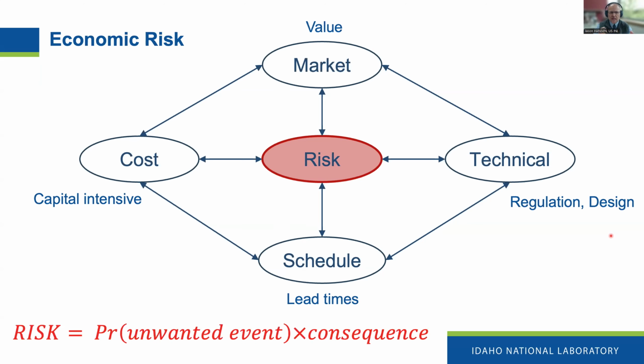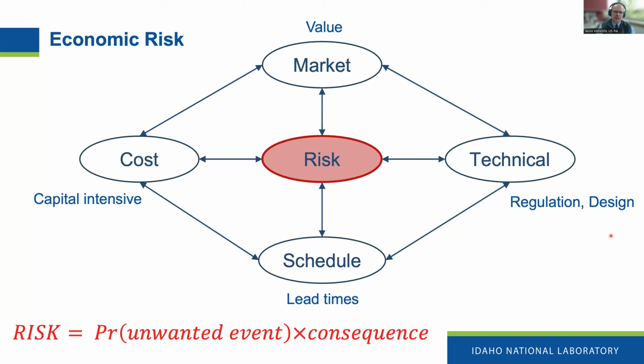So risk, if we think about what the quantitative definition of risk is, this is a definition that was formalized back in the early 80s by some researchers by the name of Kaplan and Garrick, where they basically said the quantitative definition of risk is probability times consequence. Okay, well, that's probability of an unwanted event. What's the unwanted event? Well, if we're talking about cost risk, the unwanted event would be the cost overrun, what was planned for.